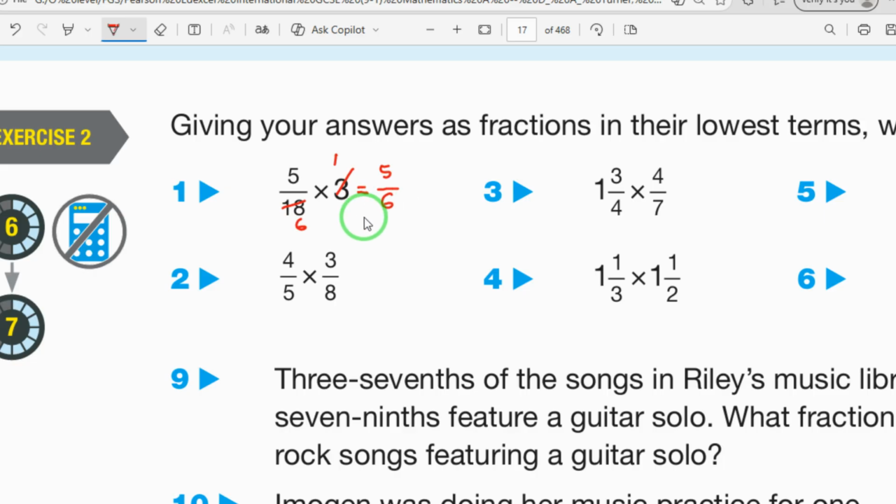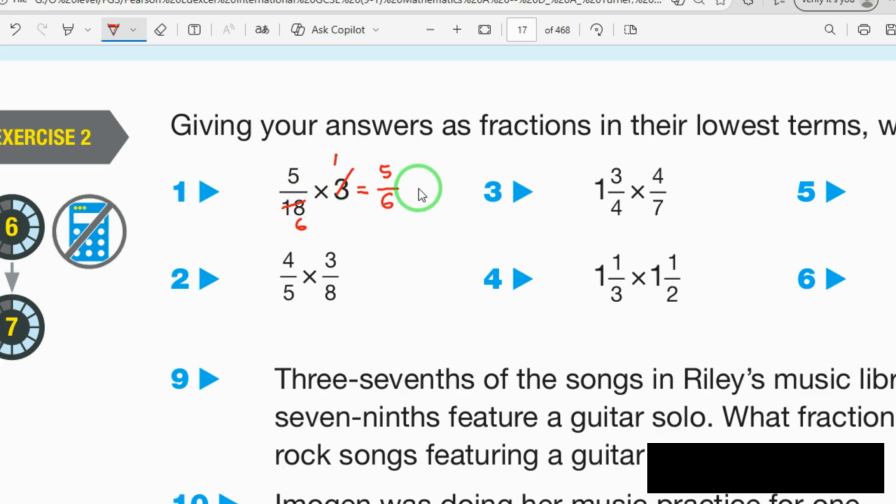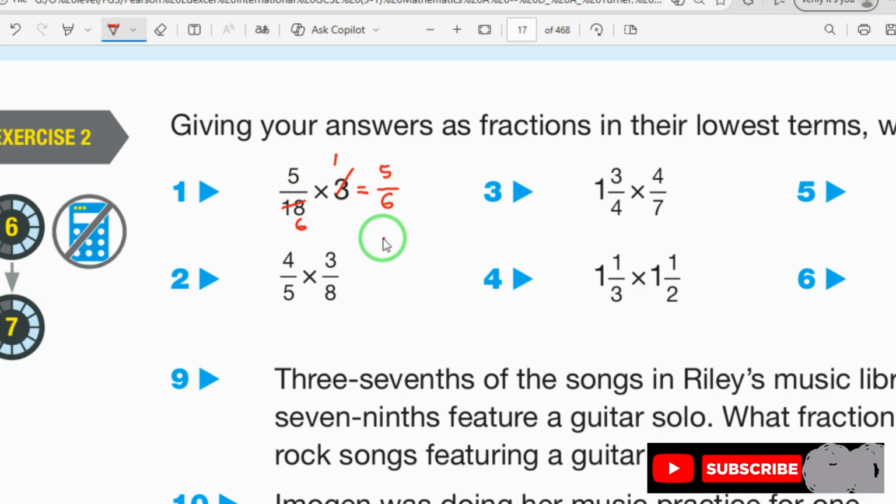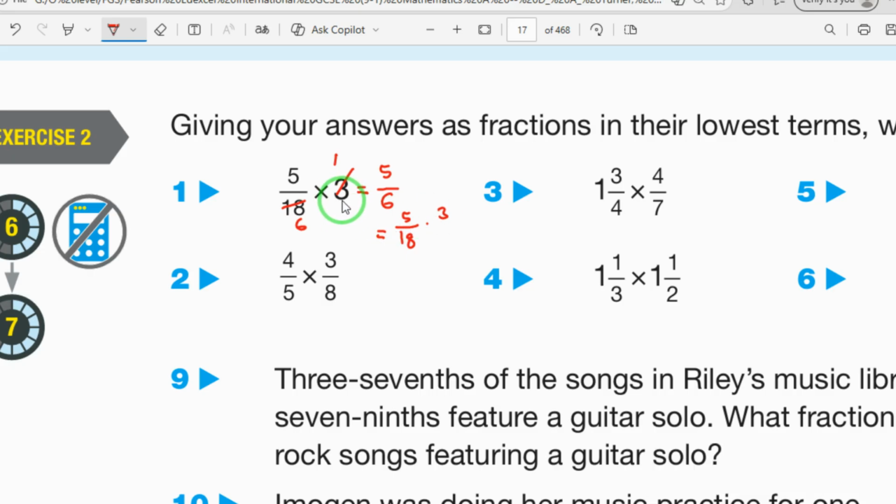This is the answer. Also, you can use the second method that I calculate here. You can write 5 over 18 multiplied by 3, because 3 doesn't have a denominator, actually its denominator is 1.